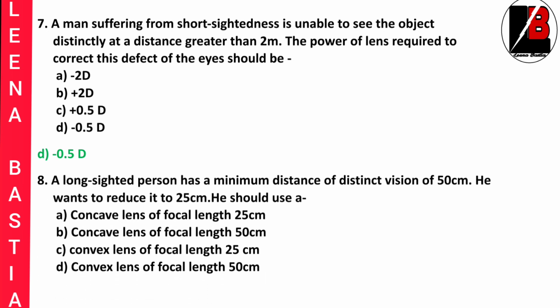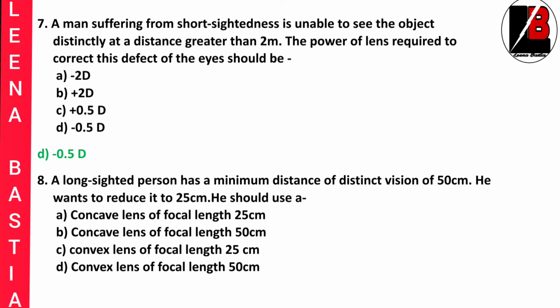Next one. A long-sighted person has a minimum distance of distinct vision of 50 centimeter. He wants to reduce it to 25 centimeter. He should use a, options are A, concave lens of focal length 25 centimeter, B, concave lens of focal length 50 centimeter, C, convex lens of focal length 25 centimeter, D, convex lens of focal length 50 centimeter.